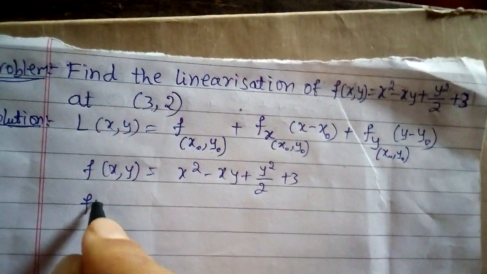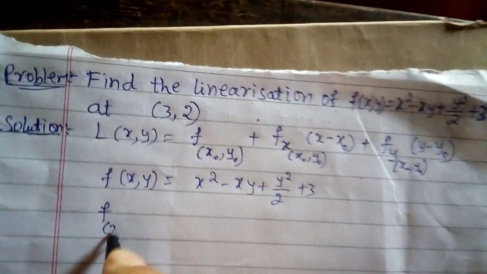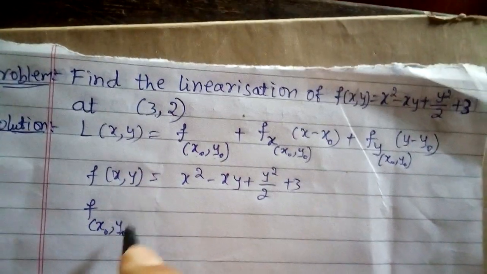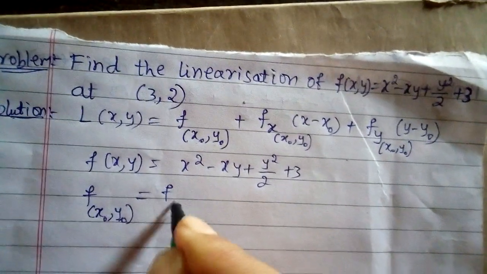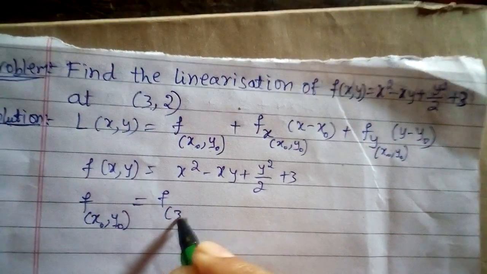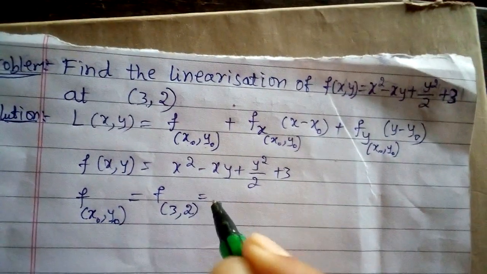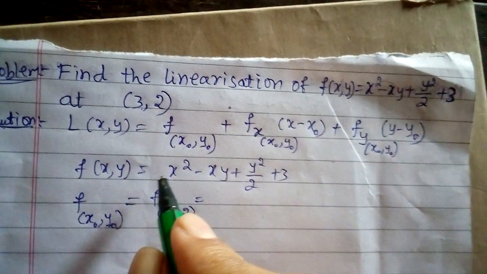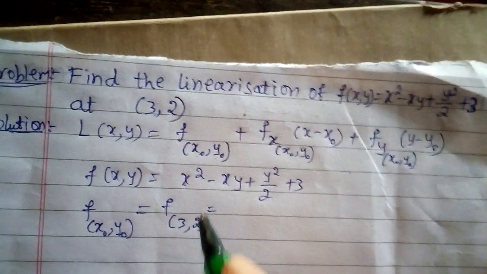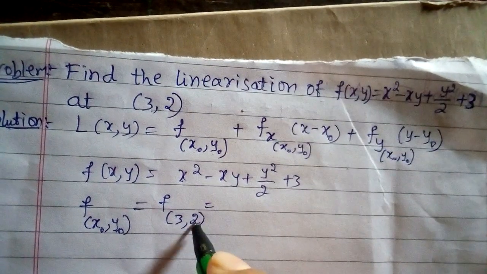Function f at (x₀,y₀) means in the place of x we put 3 and in the place of y we put 2.